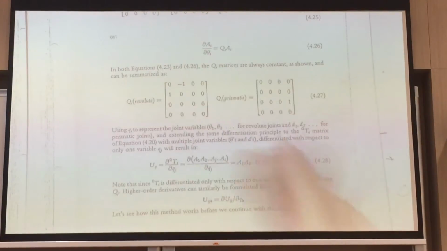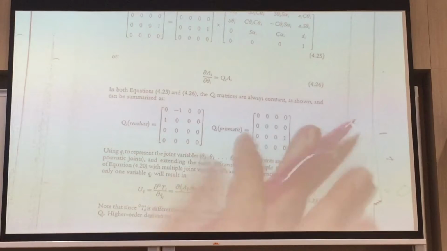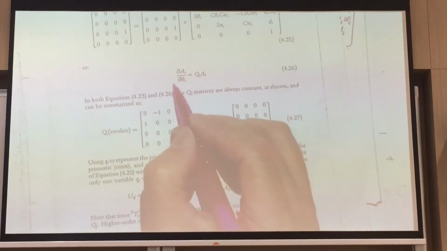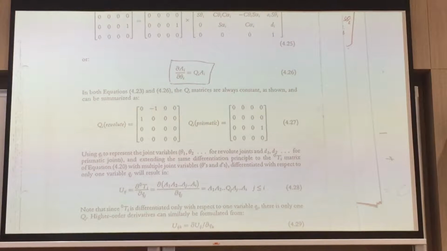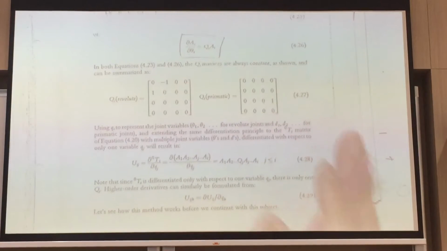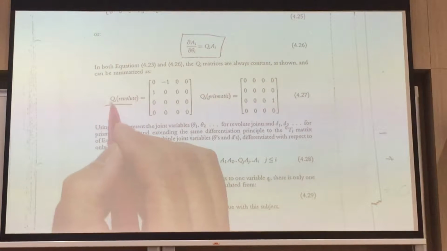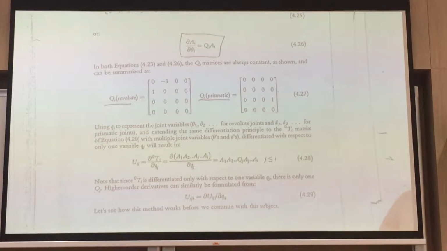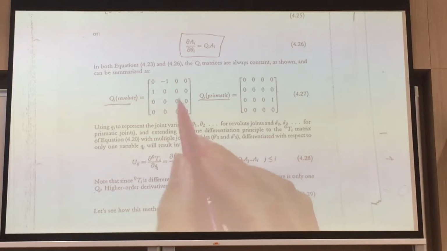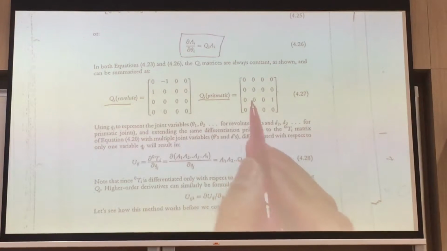How about a prismatic joint? We can also do the same thing to show that this relationship is also true. So the only difference is for revolute joint, this is the matrix Q. For prismatic joint, this is the matrix Q. They are all constant matrices.